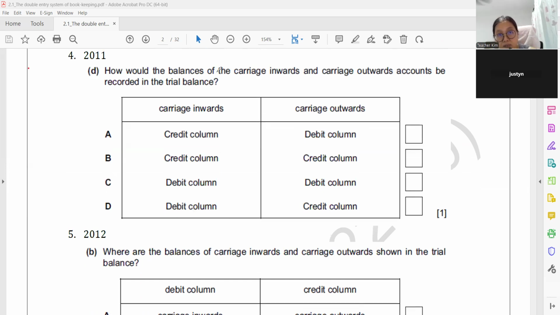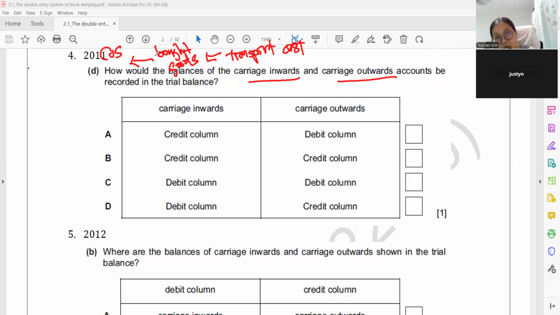How would the balance of the carriage inwards and carriage outwards be treated? Let me explain what a carriage inward is and what a carriage outward is. Carriage inward is a transport cost. When you bought the goods, the supplier charges you, and this is part of the cost of sales.